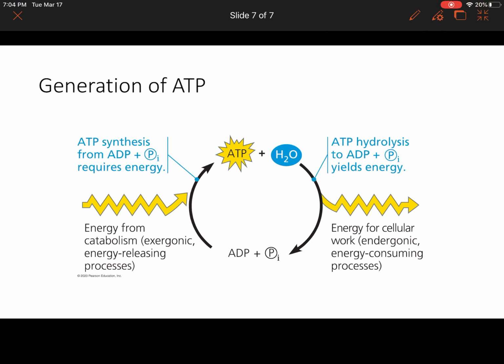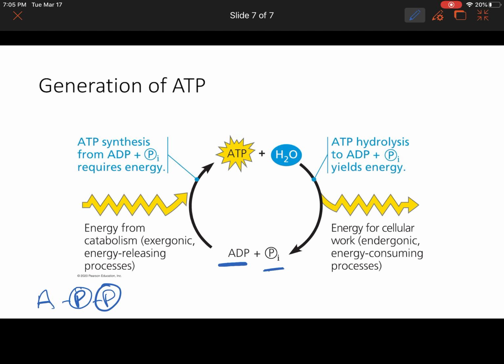Well, everybody always asks, what does the cell do with that phosphate group that's released when ATP is hydrolyzed? So the cell can take ADP, which is adenosine diphosphate. That's what's left after that third phosphate group is chopped off.